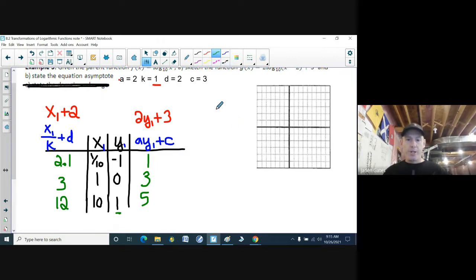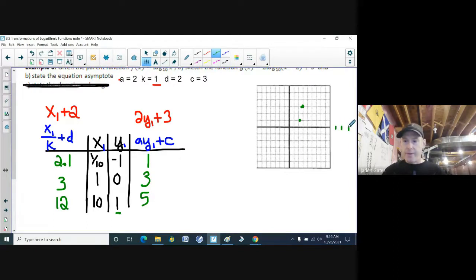And so I'm going to sketch them in. The first one is 2.1, 1. Put a dot there. 3, 3. 3 right, 3 up. And 12, 5. I don't know if I'm getting that one on there. 4, 5, 6, 7, 8, 9, 10, 11, 12.